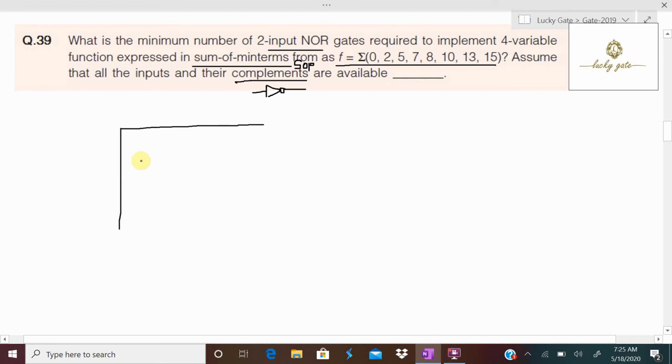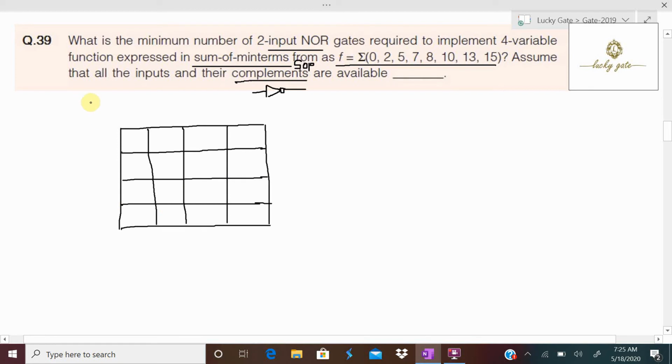Because it is a four variable function, we construct a four variable map, and I'm assuming the four variables are A, B, C, D. The binary numbers are 0, 1, 2, 3, and similarly 0, 1, 2, 3. Before that, let's try to understand how this problem is solved.